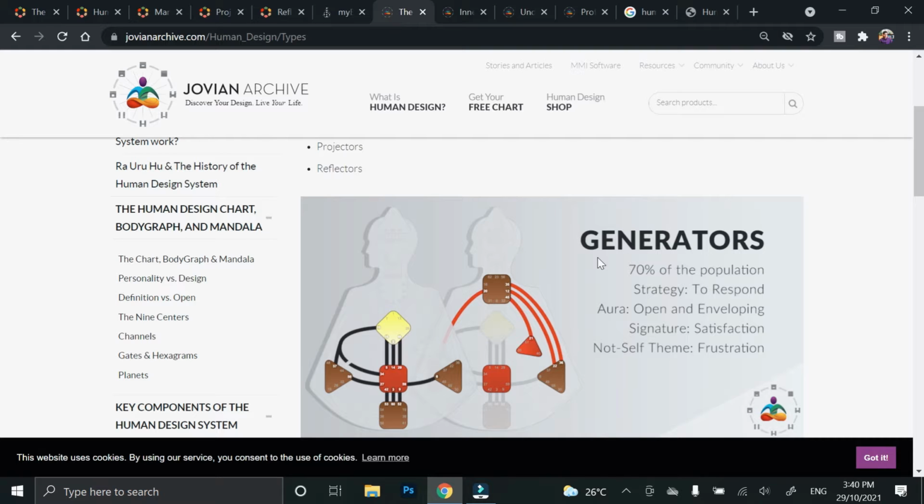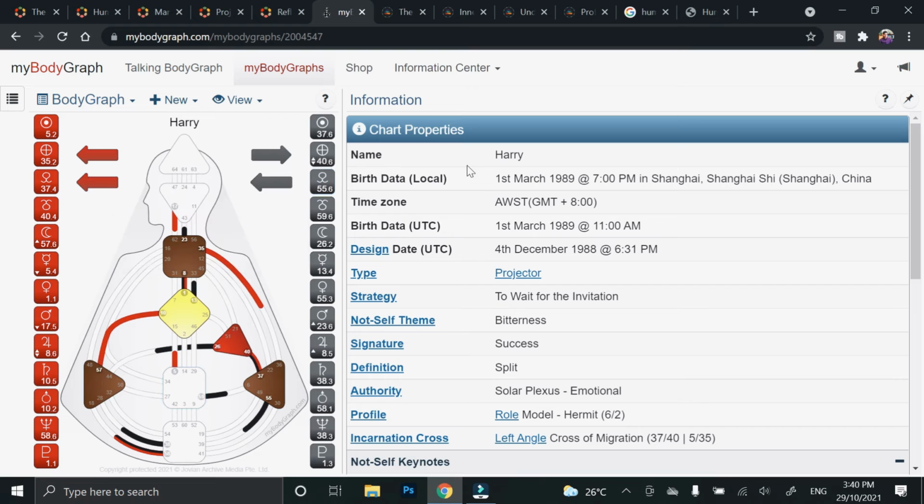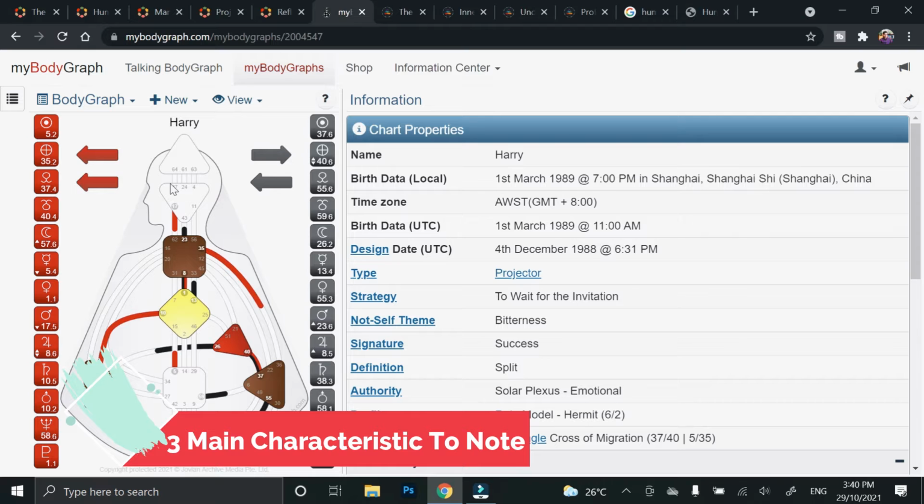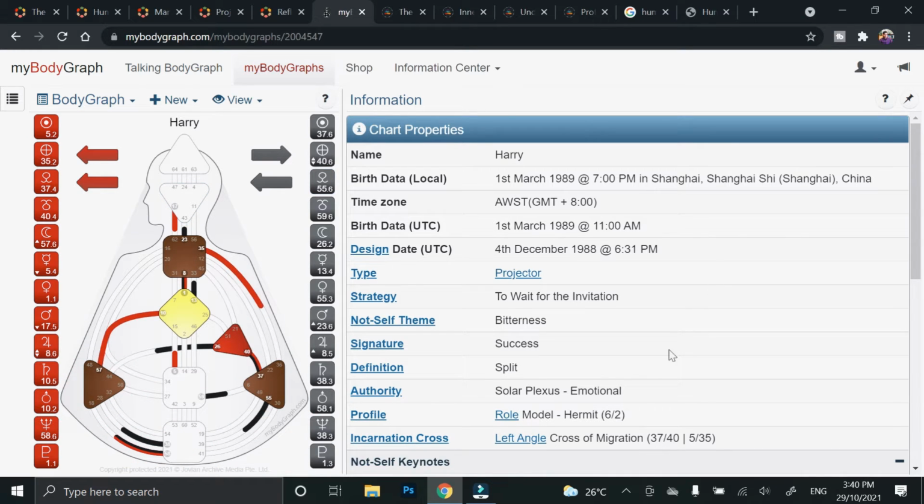Without just looking at this cheat code, let me share with you a way to better understand this, how we can get this information just by looking at your body graph. First I want to highlight the three main characteristics to notice and observe when looking at the body graph chart, in order to identify a person's type without looking at this whole cheat code.